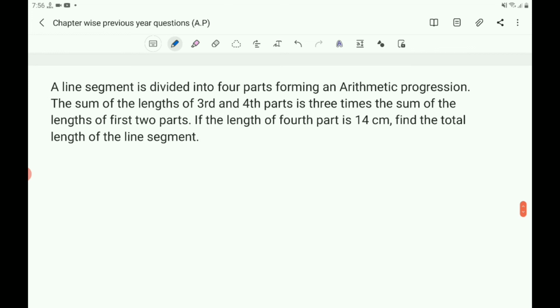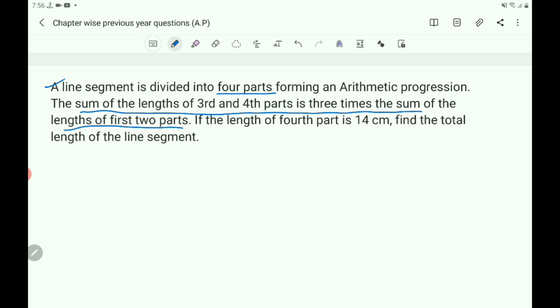Here the line segment is divided into 4 parts. Totally how many terms are there? 4 terms. They are in the arithmetic progression. The length of the line segments which are divided into 4 parts are in the arithmetic progression. The sum of the length of third and fourth part is 3 times the sum of the length of first 2 parts.